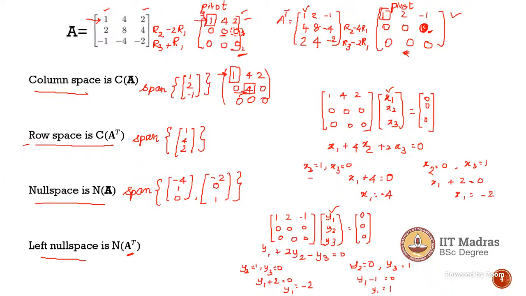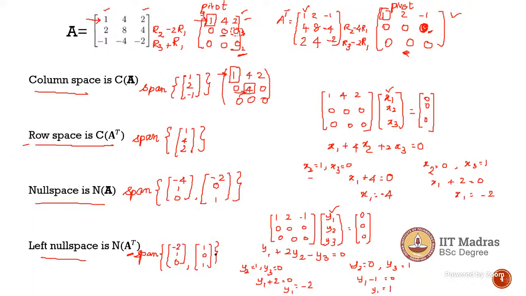So your left null space is now going to be the span of two vectors, which are: y1 is minus 2, y2 is 1, y3 is 0, and y1 is 1, y2 is 0, y3 is 1.